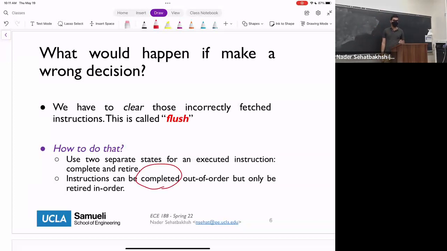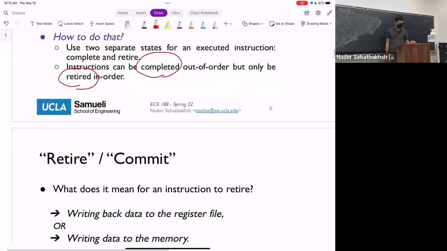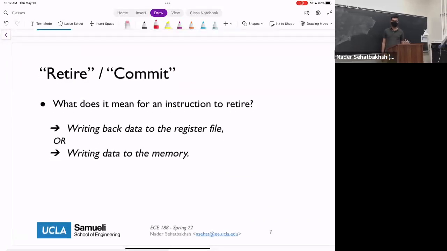As a result, once the instructions are complete, we hold them in some sort of temporary buffer before actually making their impact permanent. We call that permanent impact retiring. So basically we are introducing a concept called retirement or commit.